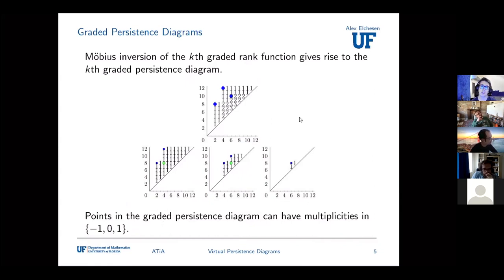So you get what they called graded persistence diagrams, which are sort of like persistence diagrams, but you can have multiplicity +1 or -1. In this picture, on the top you have the rank function, and if you Möbius invert that, you get the persistence diagram, which are the blue points. On the bottom row, you have the graded rank functions, and the blue and green points correspond to the Möbius inversion. So you get these graded persistence diagrams.